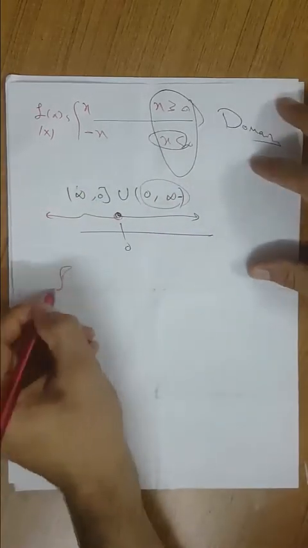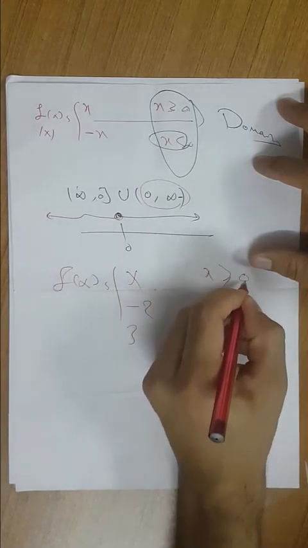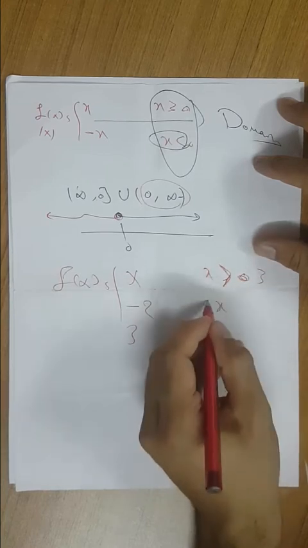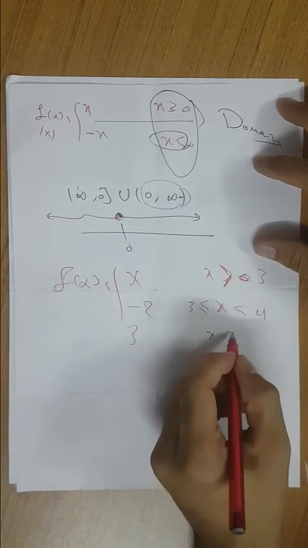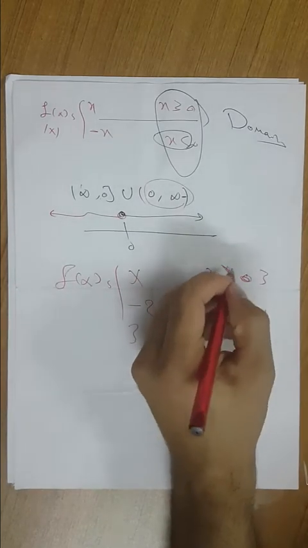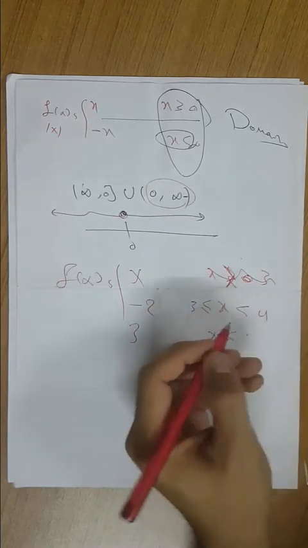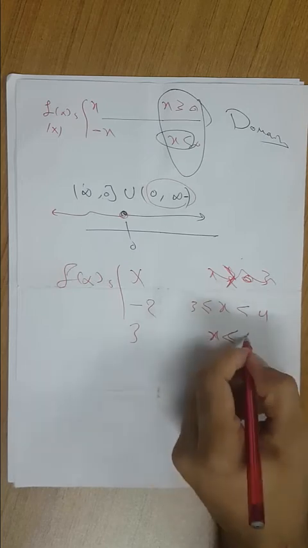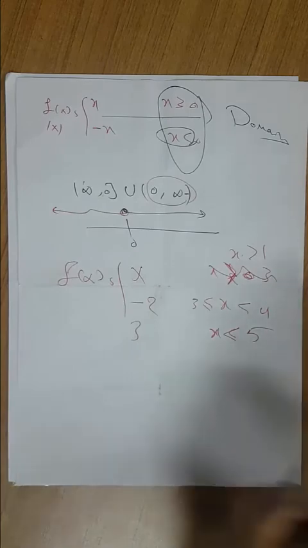For example, if I give you f of x is equal to x minus 2 for x greater than or equal to 3, x between 3 and 4, x less than 4, and 4 less than 5, so x greater than 1. Now you should give me the domain directly.